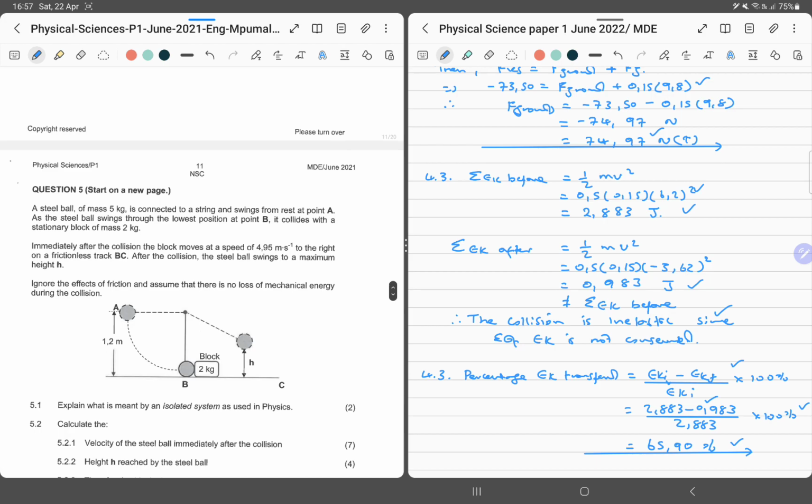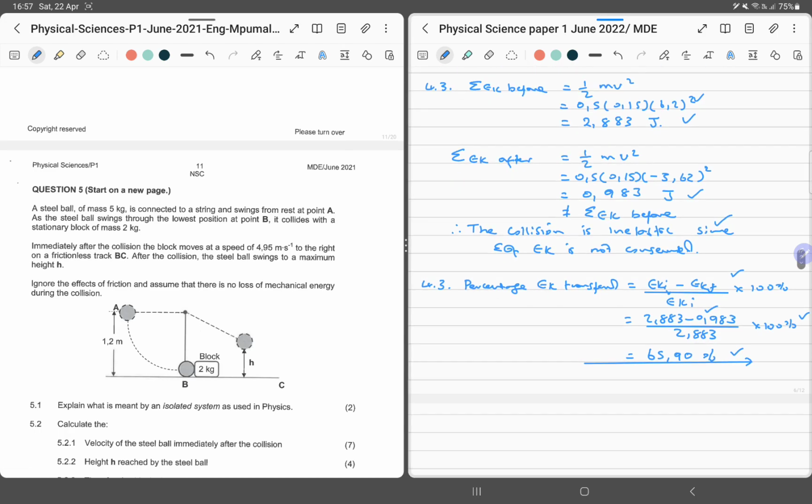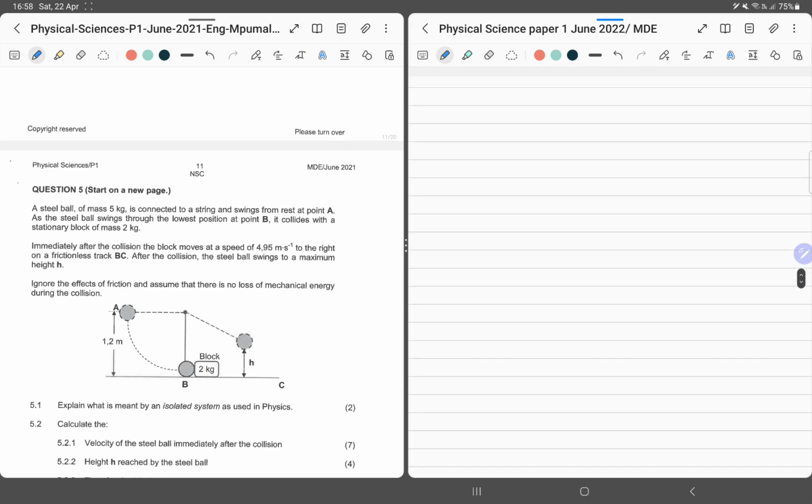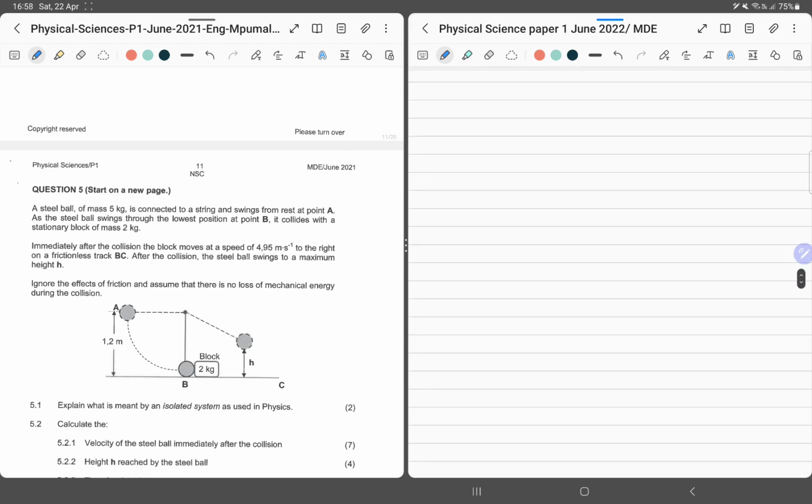Now we have an hour to dance here, so let's be quick, guys. We've got to be quick. Now let's see. Question 5 says a steel ball of mass 5 kilograms is connected by a string and swings from rest.